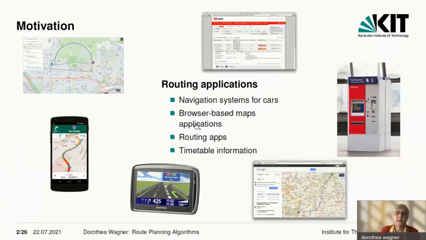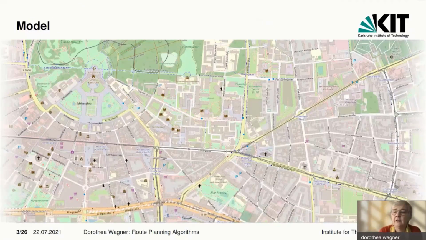So let's look first at the model we consider. So the basis for this talk is typically a road network, like here, part of the city map of Karlsruhe.